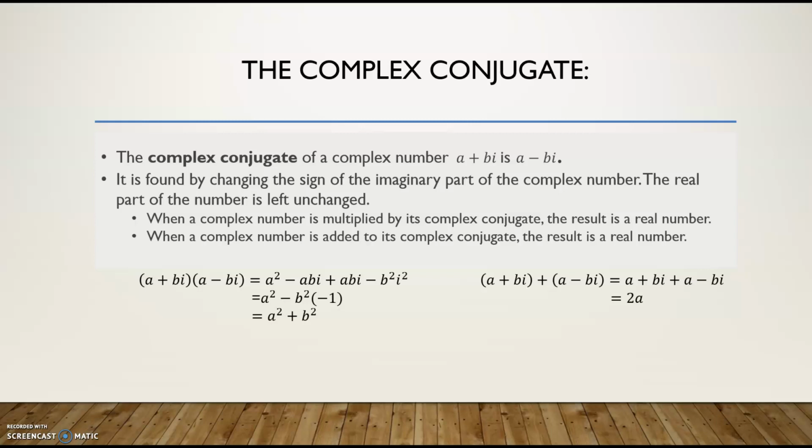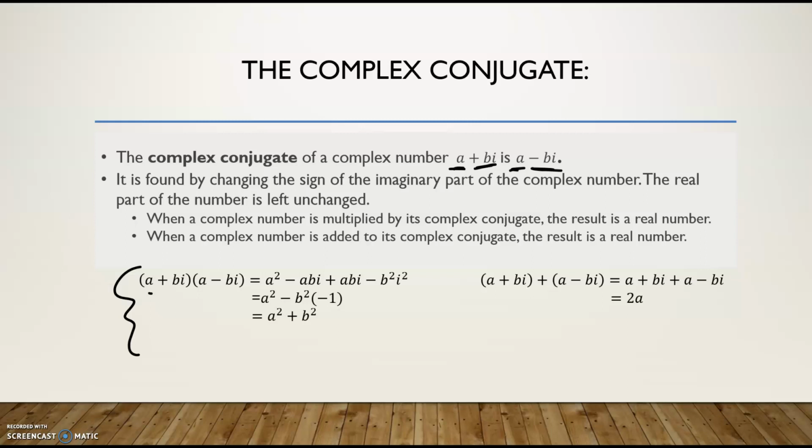And the real part of the number is left unchanged. Notice how the positive a is still positive a over here, but positive b is not positive b over here. It is now negative b, where b is the imaginary part and a is the real part. So when a complex number is multiplied by its complex conjugate, the result is a real number, like it is right here.